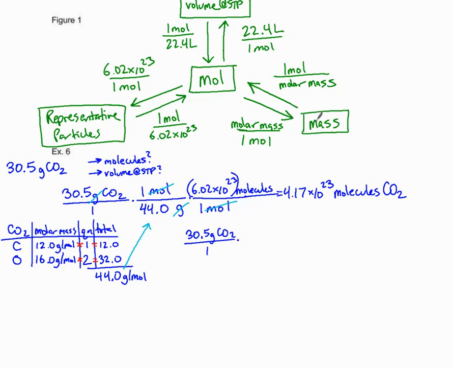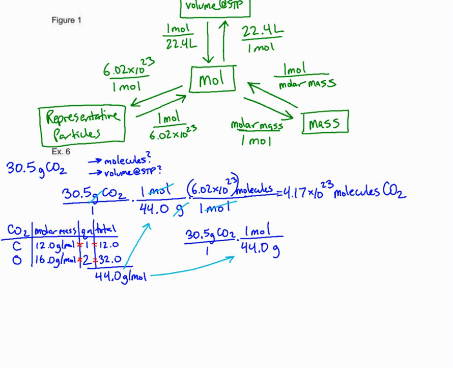Now we're here again, mass, and so we have to get to moles first. That's the only place we can go. And so this first conversion factor is the same as in the previous question. And we already found the molar mass, so we just plug it in.